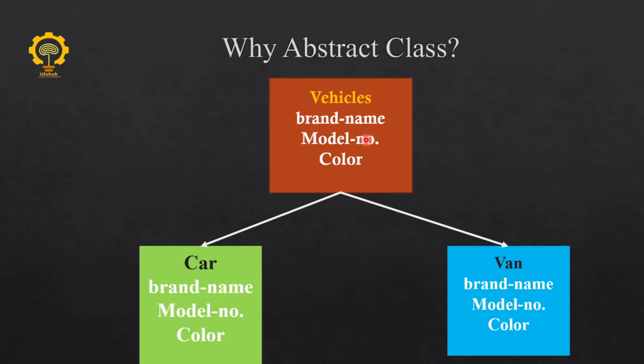So in order to prevent creating an object of the Vehicle, we make the Vehicle class an abstract class, and the subclass then implements the properties of the Vehicle class, and we can easily instantiate objects for the subclasses. So this is the main concept behind the abstract class.